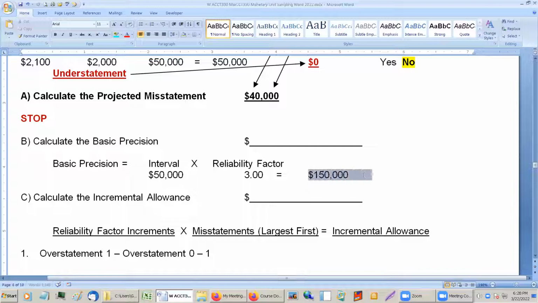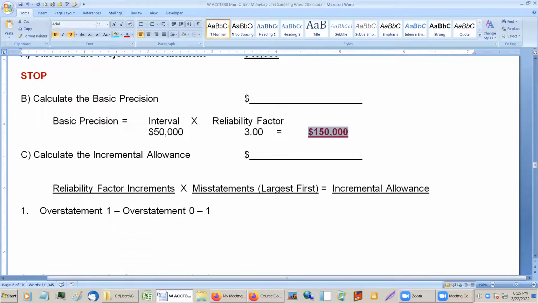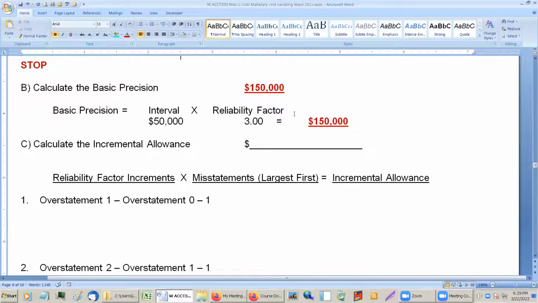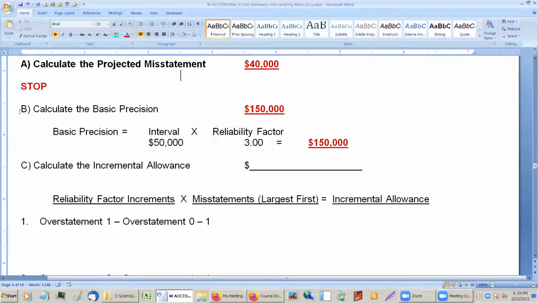So this, let's make it reddish. These are basic precision. Okay, now the basic precision is if we didn't have any errors. If there were no errors, we would still have misstatements.